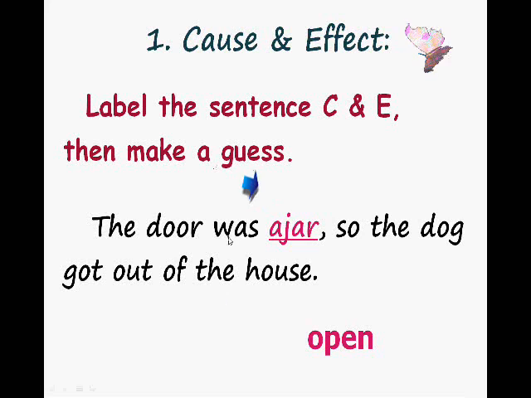So even if I don't know the meaning of the word ajar, I predicted the meaning from the context, because here in my sentence we have a cause and effect relationship. So it's very easy to know the word even if I didn't see this word before.